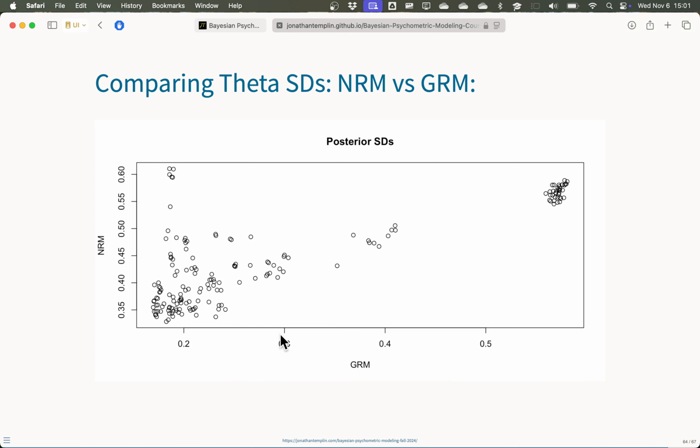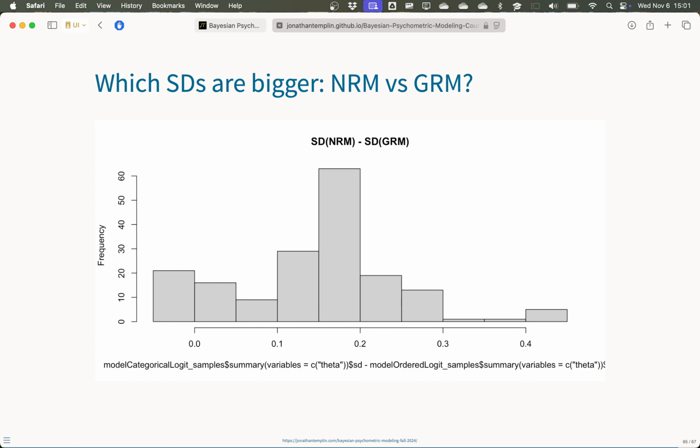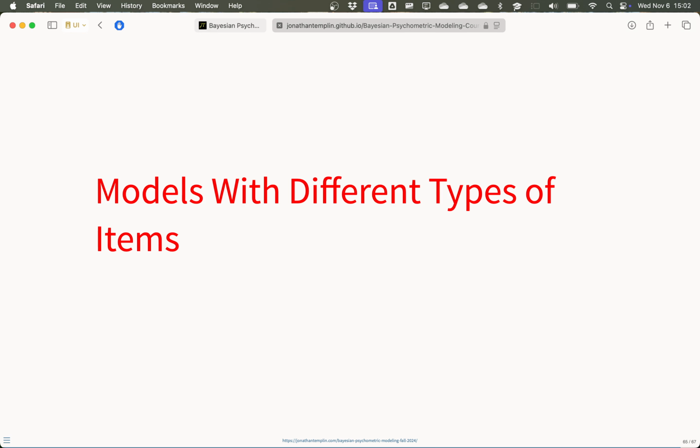And similarly, we can take a look at posterior standard deviations for the graded response model and the nominal response model. And again, the nominal response model tends to be slightly larger, or perhaps even quite a bit larger here, with 0.6 for nominal response versus 0.2 for graded for this group. Almost always the nominal response model has a bigger standard deviation. There's more parameters and it's harder to estimate, so that tends to give us a bigger standard deviation.